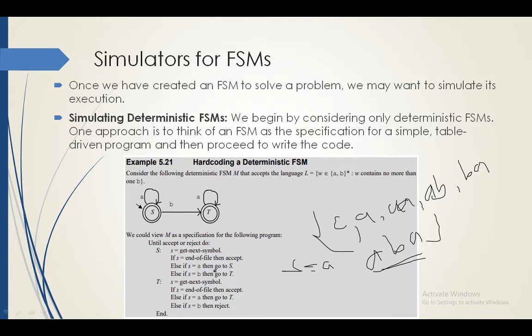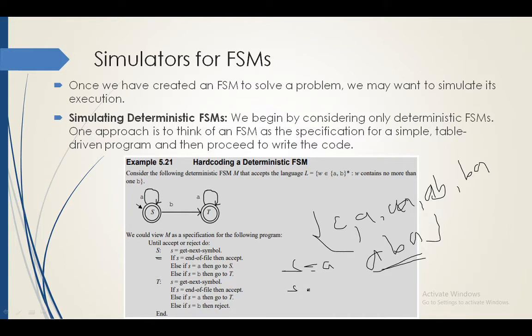Then I'll check S equal to A. If it is A, then I'm going to be in the same state. See, check out the transition for A. It is a self loop. So I move to the label S here. So again, I'll start the execution of the code which is written in front of this label S.